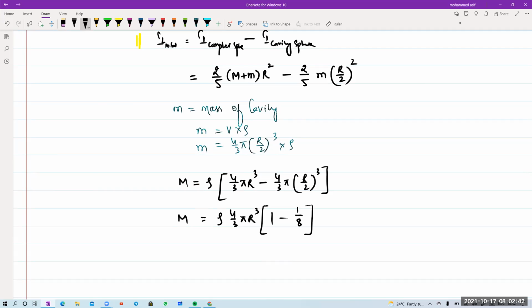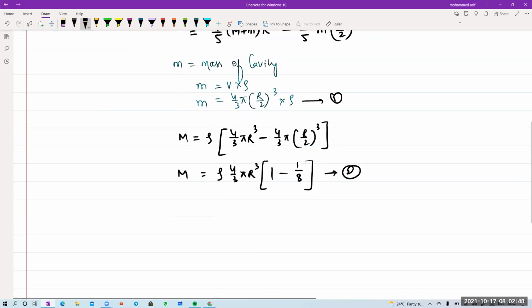If I compare these two, this one and this one, see how much I'm getting? 4 by 3 pi r cube into your rho, 4 by 3 pi r cube into rho, that can be written as of your m by 8, isn't it? So this can be taken as of your small m by your 8. Yeah.